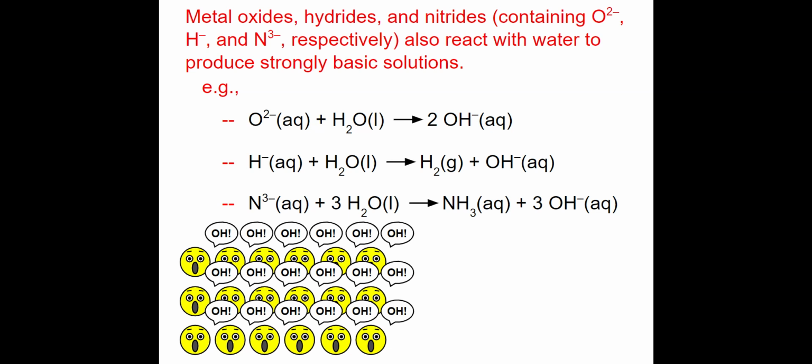Okay, and just another little fact about bases. Metal oxides, hydrides, and nitrides, containing oxide, hydride, and nitride respectively, also will react with water to produce strongly basic solutions. What happens is this H2O is going to donate a hydrogen to create these basic solutions.